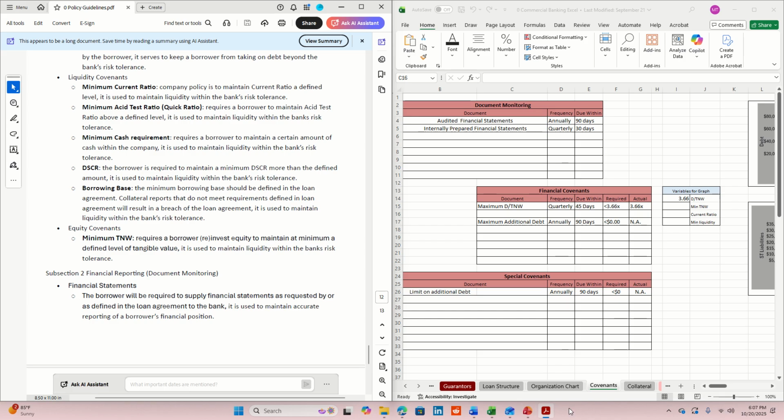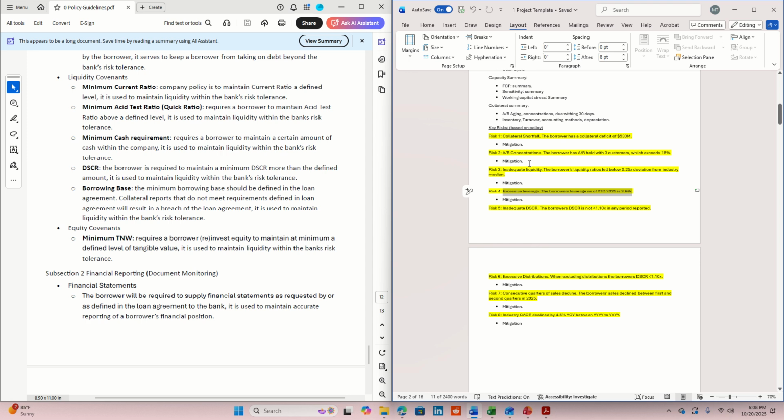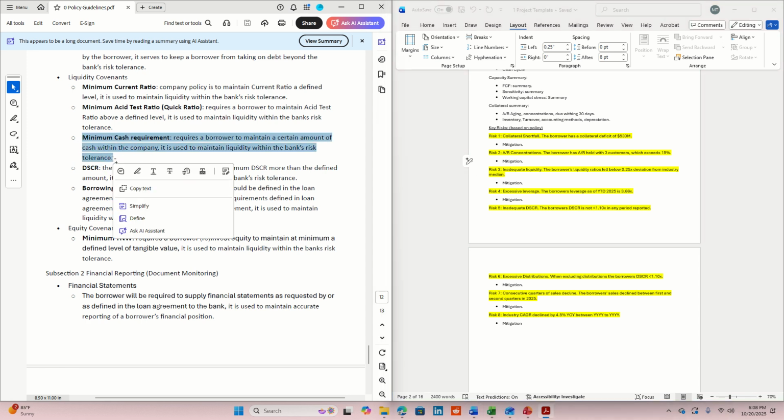Okay? So now we're going to come here. We're going to see, and when you have a minimum cash requirement, this means that the company has zero cash. So if they have no cash on their balance sheet, you need to put this here. If they have a decent amount of cash on their balance sheet, then put this here.